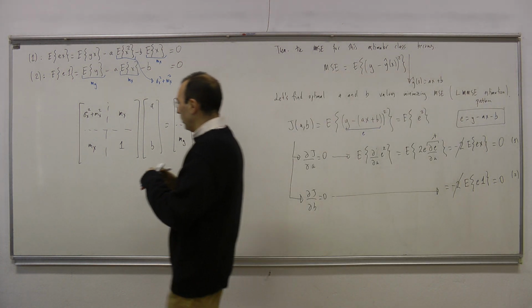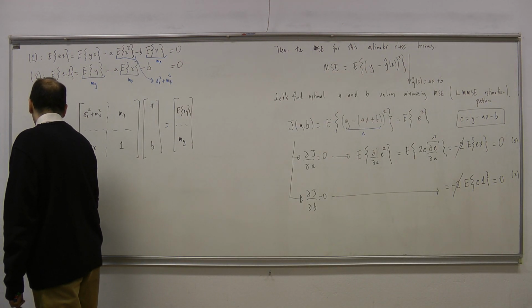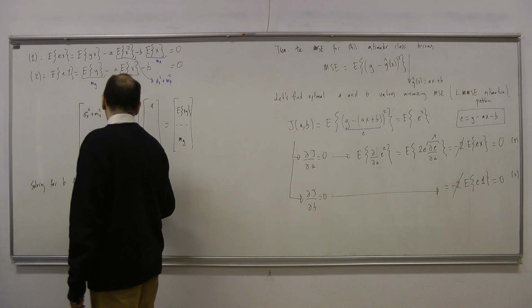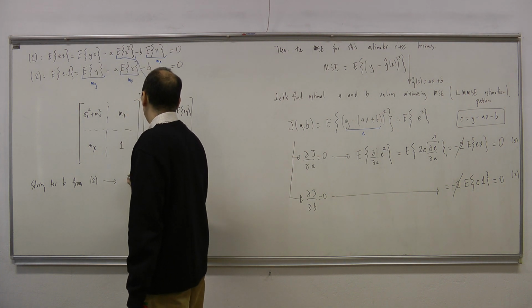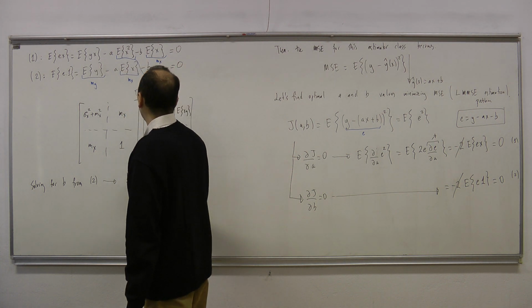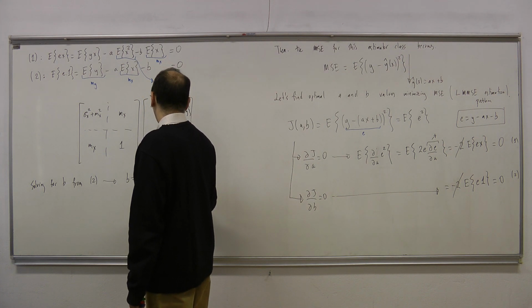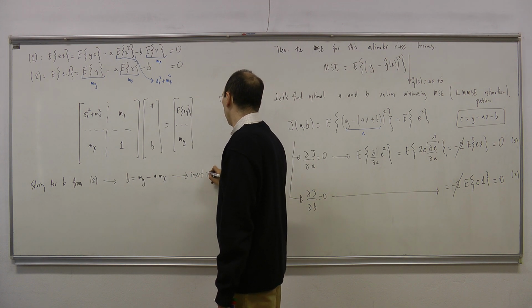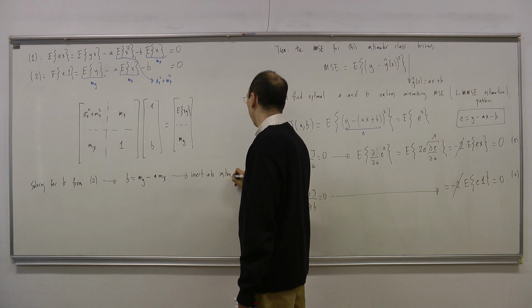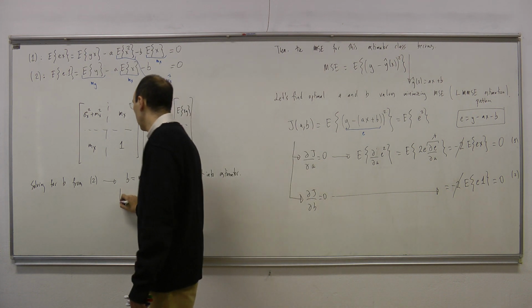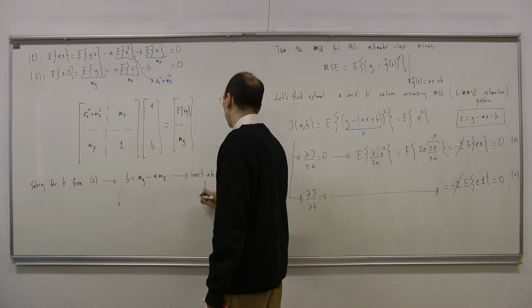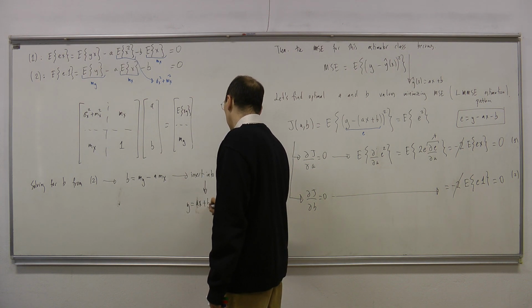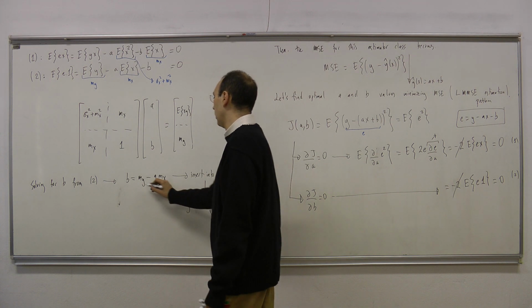Well, what should I do? Now, solving for b from the second equation, b is equal to just this, my minus a mx. Insert into the estimator: y is equal to ax plus b, right, but b is equal to this thing.